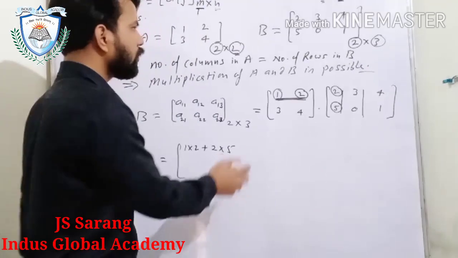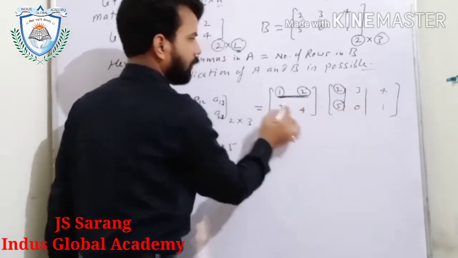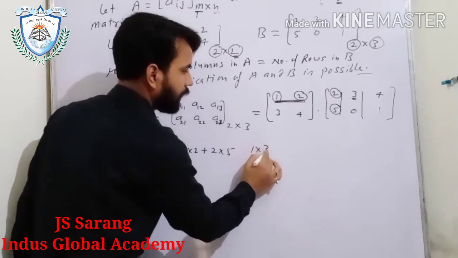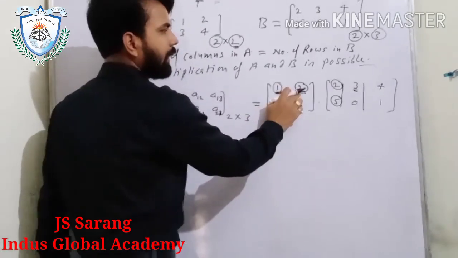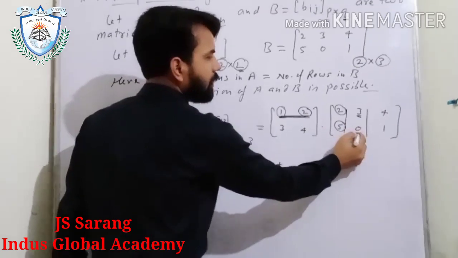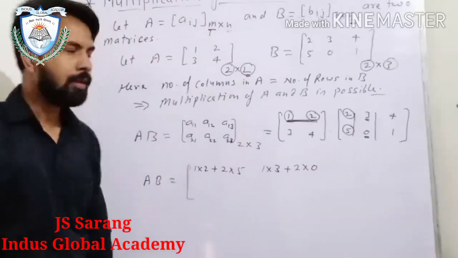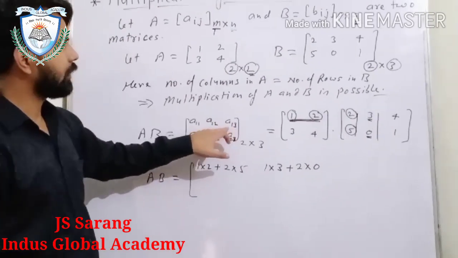Understood? So see, first row and second column. This 1 is multiplied by 3, so 1 into 3, plus the second element 2 is multiplied by 0, so 2 into 0.